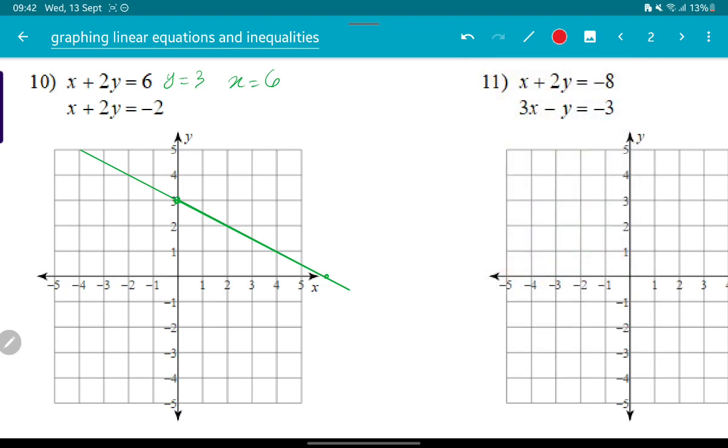The second one, cancel x, y will be negative 1 because negative 2 divided by 2 is negative 1. When you cancel y, x will be negative 2. Negative 2 at x, and negative 1 for the y.